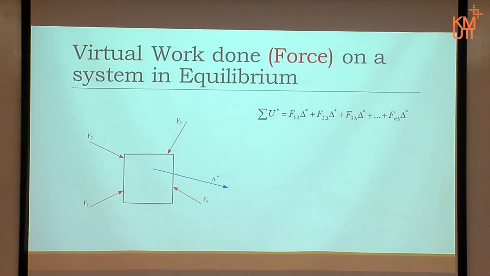Compared to this case, we have x, we have F1 and theta. Then I take two components, that one will be F1 cosine theta, that one we call F1 sine theta.